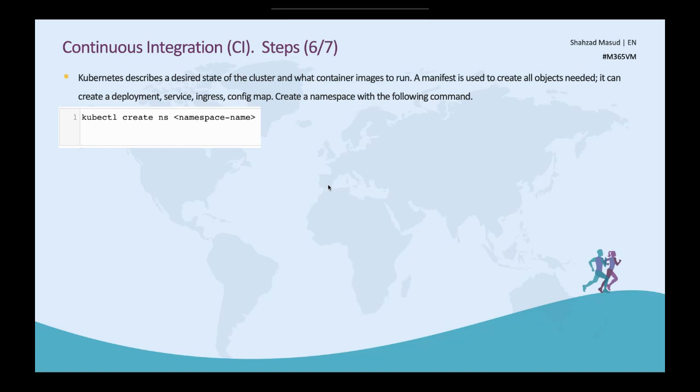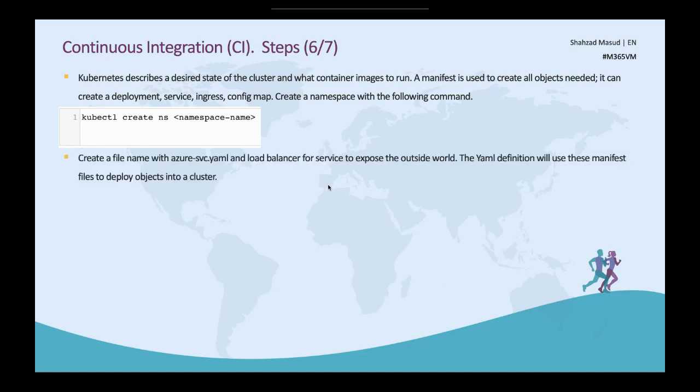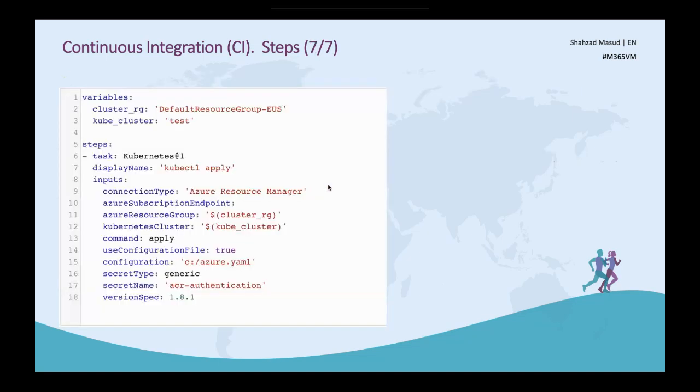For that desired state of a cluster, you can always create a simple namespace. Then we can create a deployment, a service, an ingress, and a config map. So the namespace is an important part. To create it, you can issue the kubectl create namespace command, which will create the respective namespace.